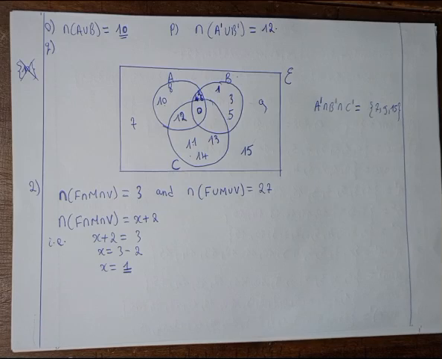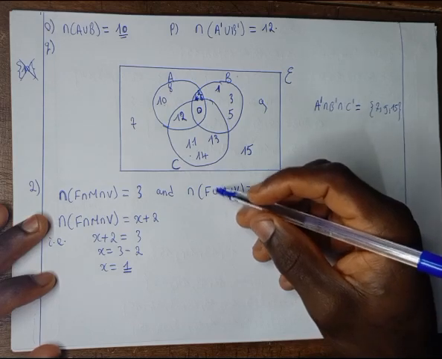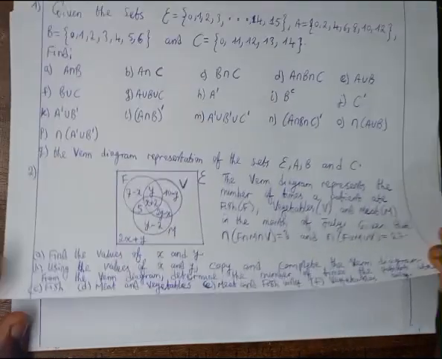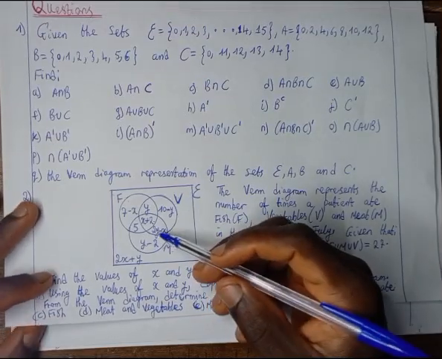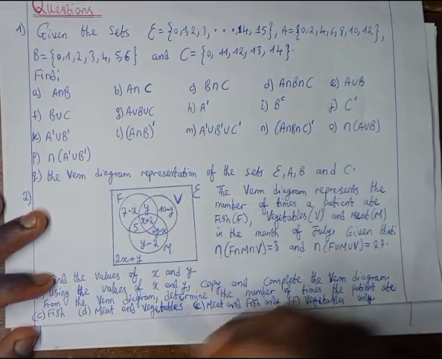Next, we have been told that the number of times the patient eats fish or meat or vegetable is equal to 27. It simply means if we sum all what we have in the sets F, V, M, it should be equal to 27.